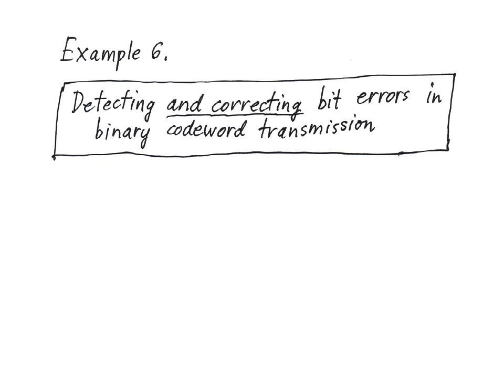Now let's go to our final example of this lecture. And now we'll look at detecting and correcting bit errors. So not only can we detect a bit error in a transmitted binary code word, but also correct simple bit errors. The specific code that I will use as an example is the Hamming 7,4 code.